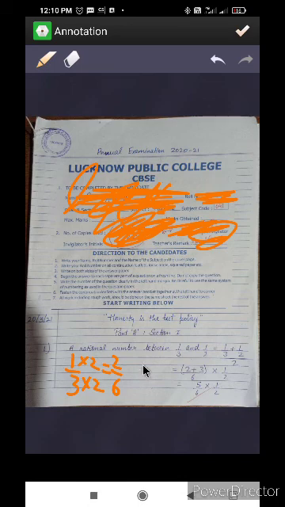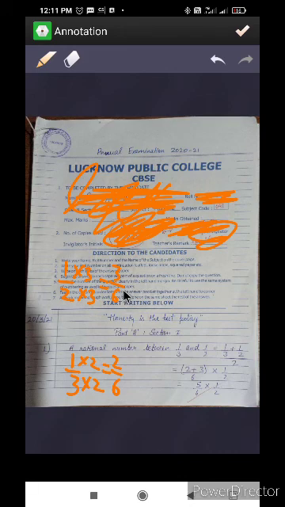And similarly the other fraction, 1 upon 2, will be multiplied by 3 in the numerator and denominator. So we will be getting 3 upon 6. So we have 2 upon 6 and 3 upon 6. Now we have to take out a rational number between 2 by 6 and 3 by 6.